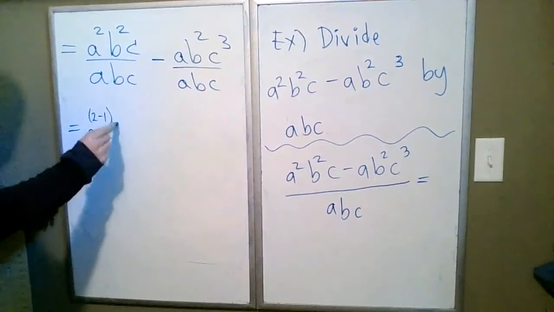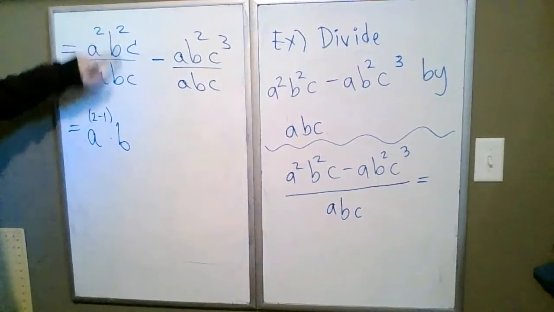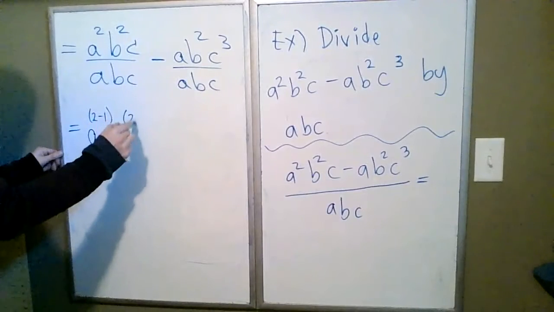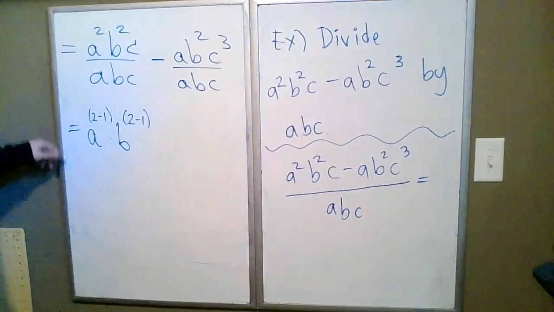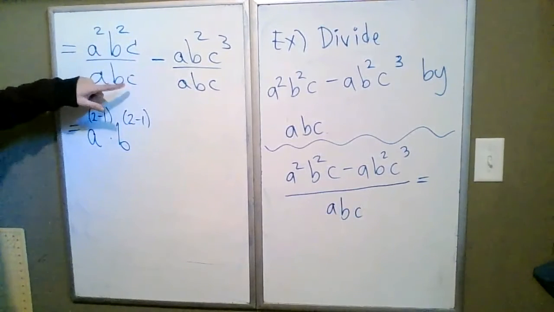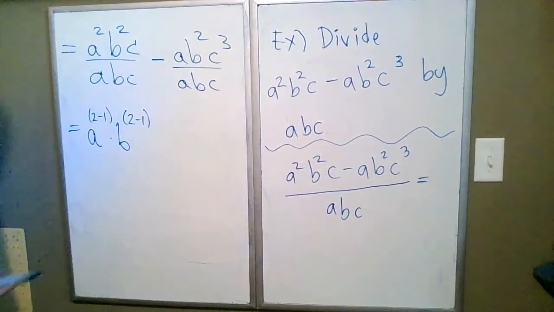B, its power is also 2 minus 1 right here. For C, you could write power 1 minus 1, which would be 0. But also, a number over itself is going to reduce to 1. So this is times 1.